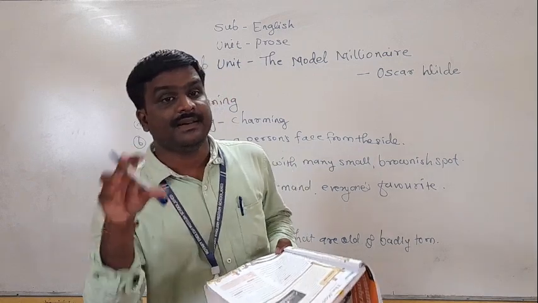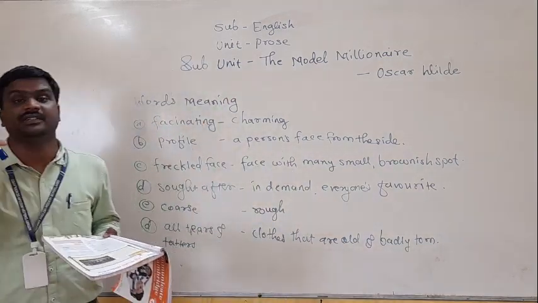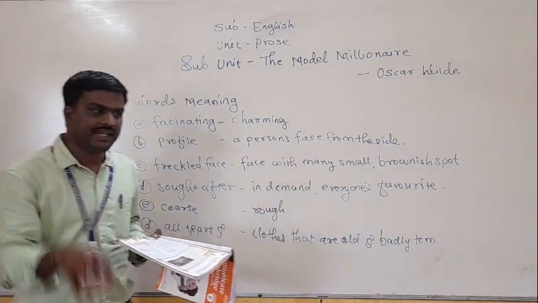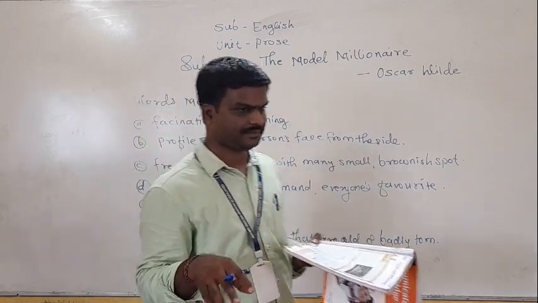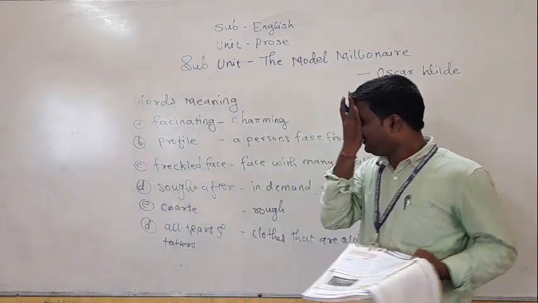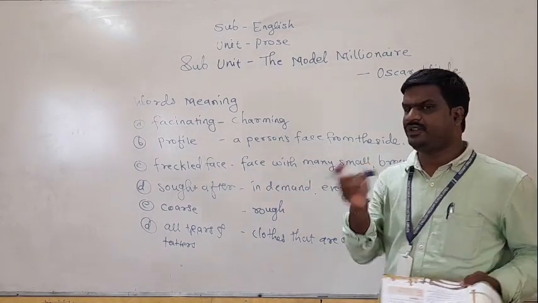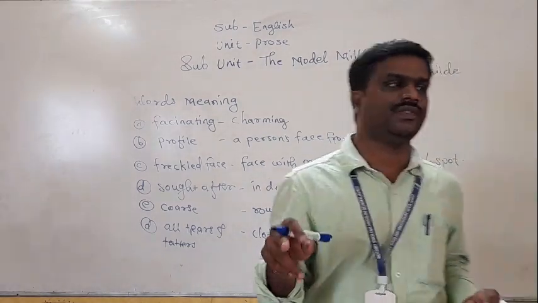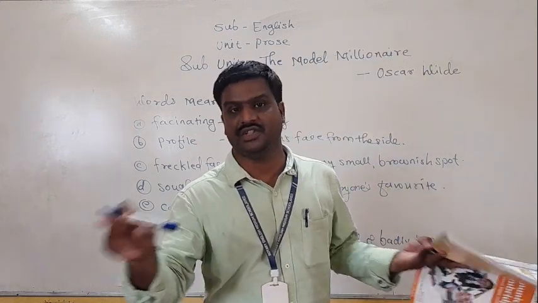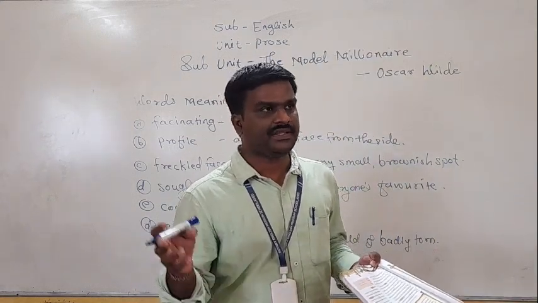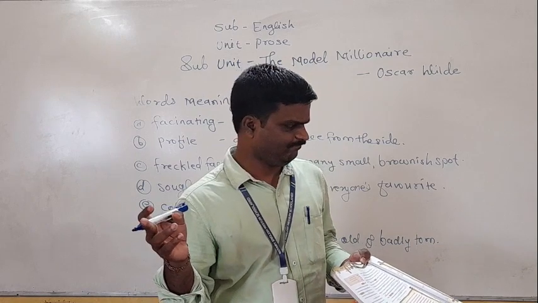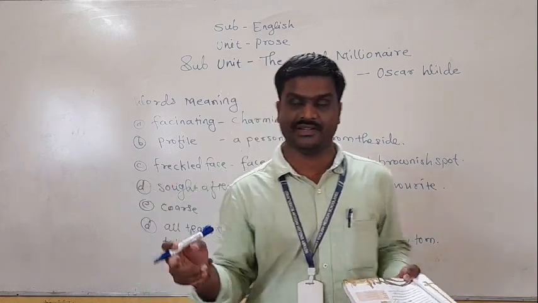In the first para, the writer has presented the reality of the modern world. See, Oscar Wilde was popular during the 19th century, and that century was the era of modernization. Machine work had started there.